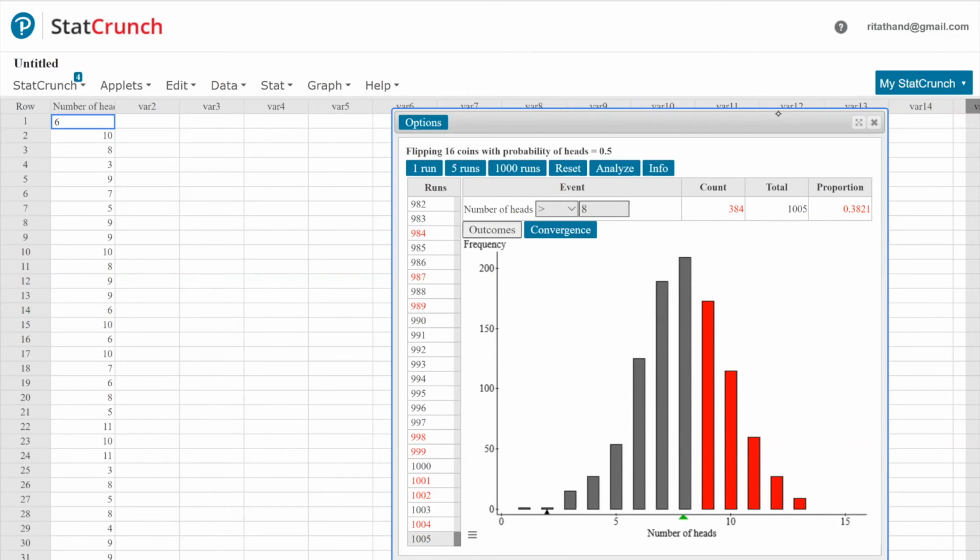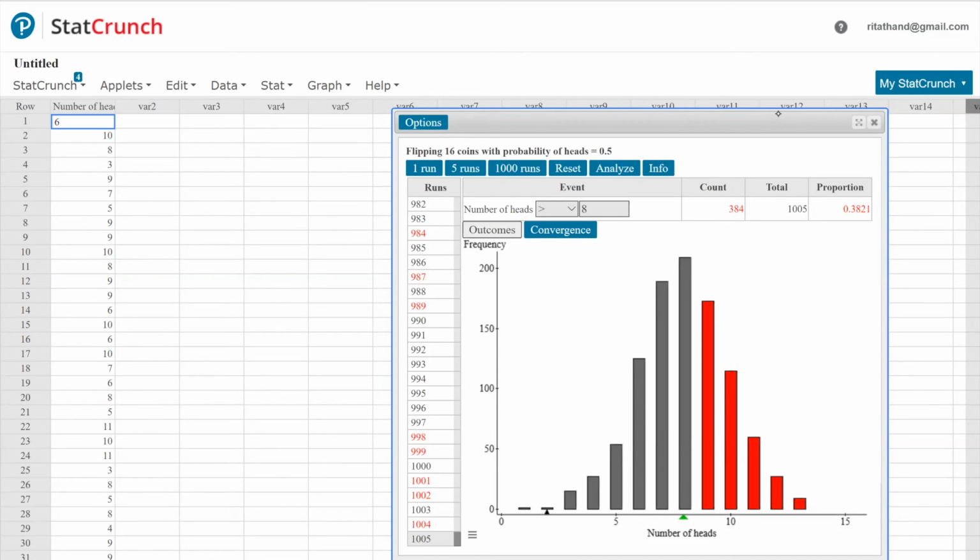Then you can see the number of heads here. This is more or less like a histogram, right? The x-axis is the number of heads and the y-axis is the frequency, how many times you get this number of heads.